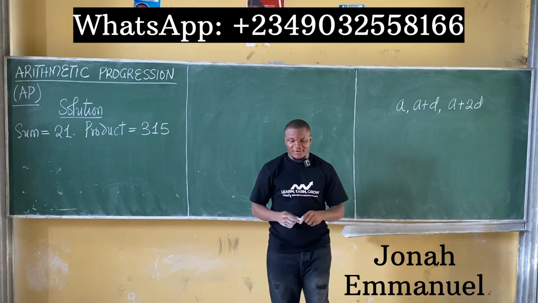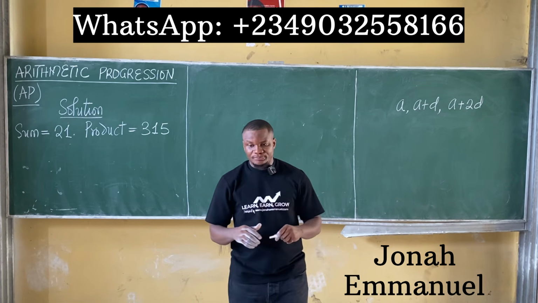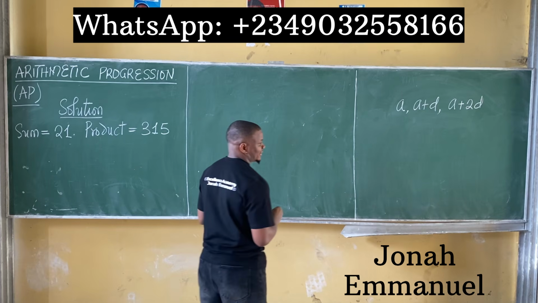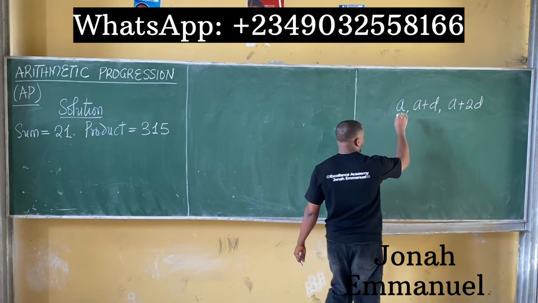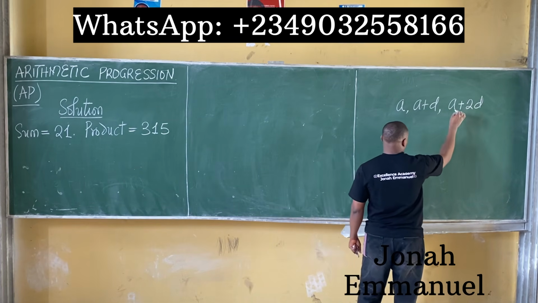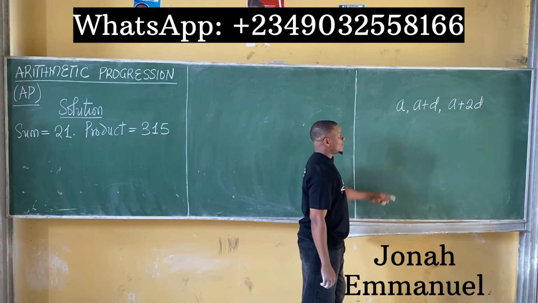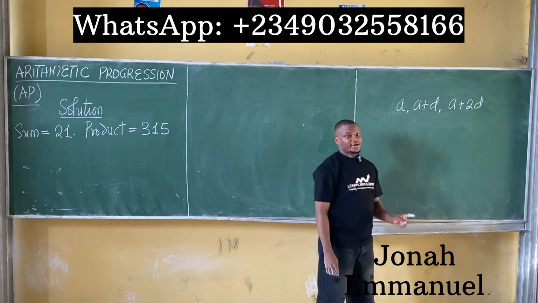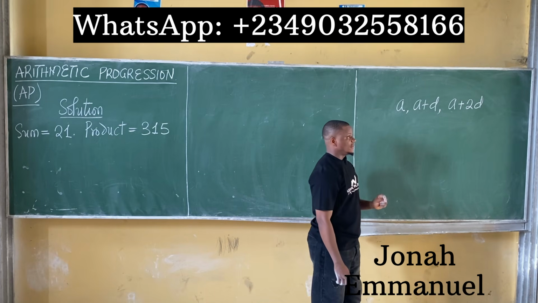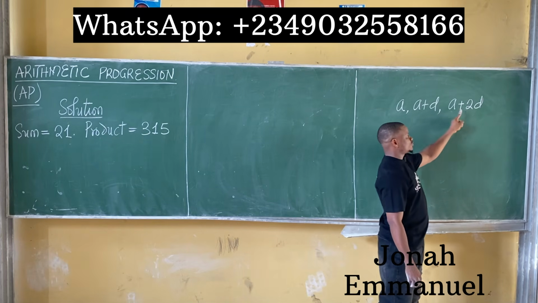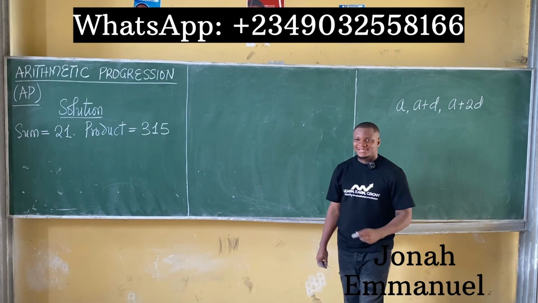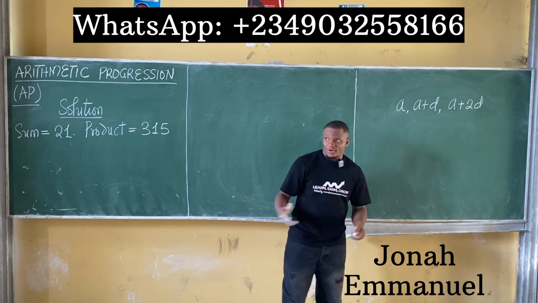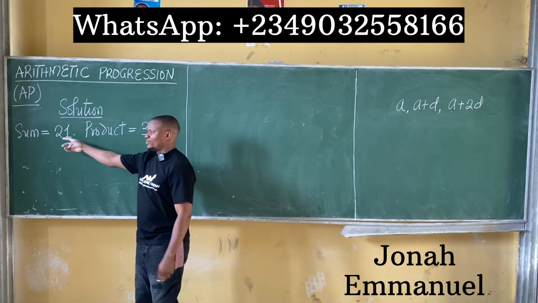If we are asked to find the sum of the first three terms, it would be this plus this plus this. You have A plus A plus A, which is 3A. Then D plus 2D gives you 3D. So you have 3A plus 3D equal to their sum, which is 21.